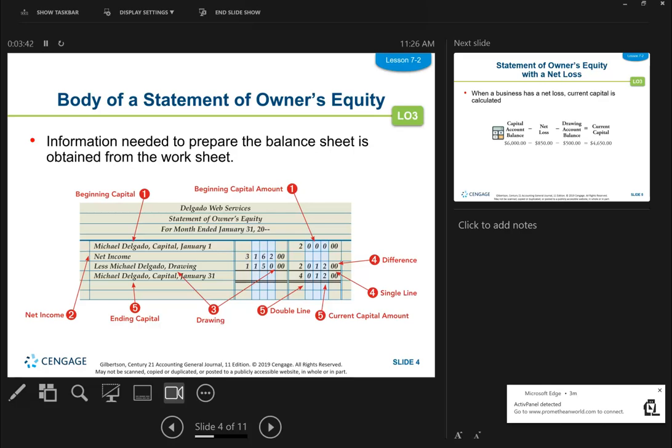To prepare our owner's equity statement, we need information from the worksheet. We're going to have the beginning capital, the amount in our capital account at the start of the month. In this case, that was $2,000.